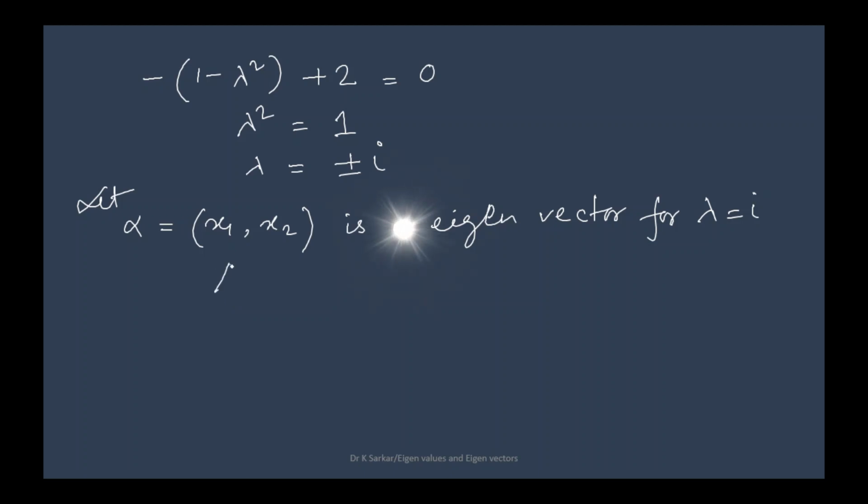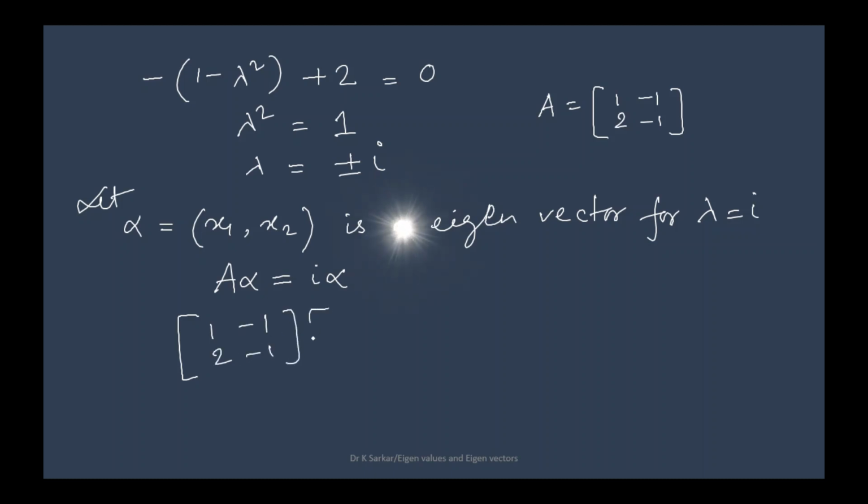We have A alpha equals i alpha, where A is 1 minus 1, 2 minus 1. So 1 minus 1, 2 minus 1, and alpha is x1, x2, then i x1, i x2.